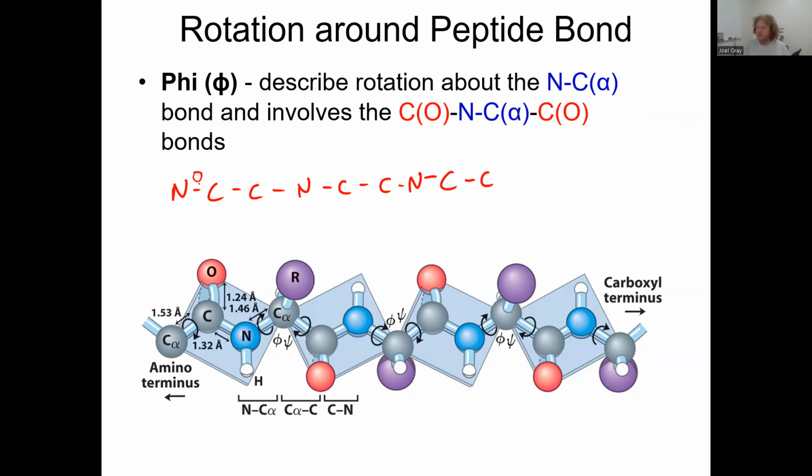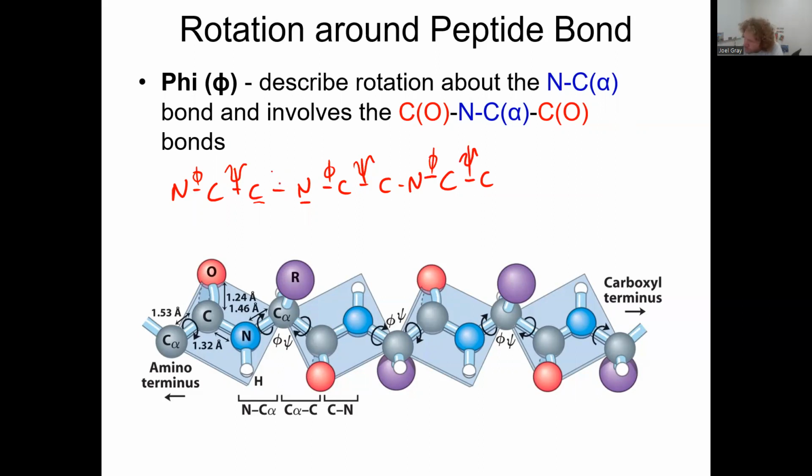My phi angle is this right here, N to C, N to C, and N to C. The other bond, however, is my C to C, and that is the psi angle.